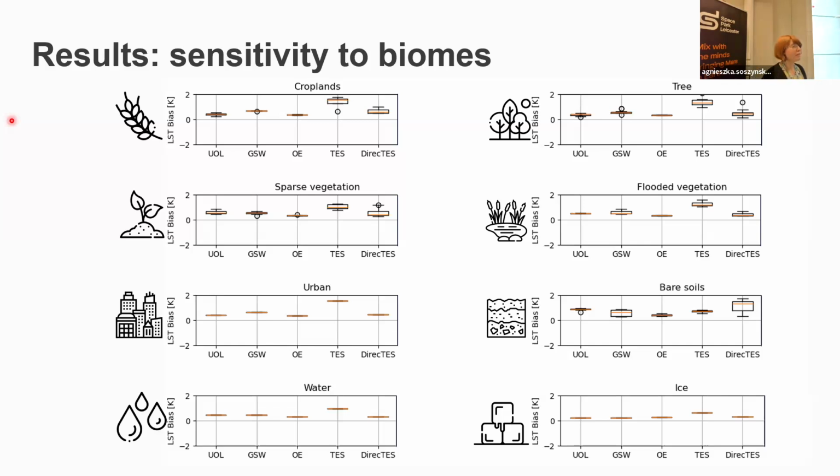And you can have very different results for those. For instance, if we take TES at bare soils, it will have rather a low bias, especially in comparison to direct tests, which is inconsistent and has a higher bias. But if we compare that to croplands or flooded vegetation, the bias is completely different.